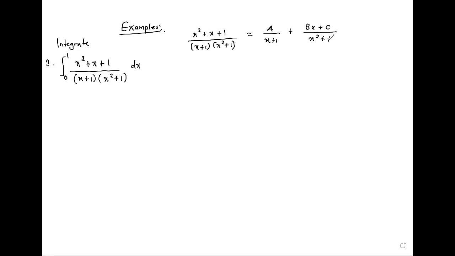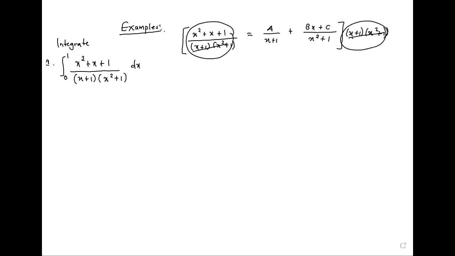Then first step, we multiply throughout by the common denominator. This guy takes out that guy when multiplying.